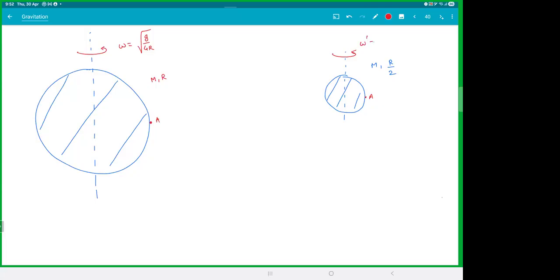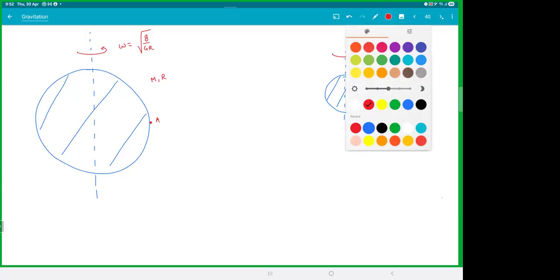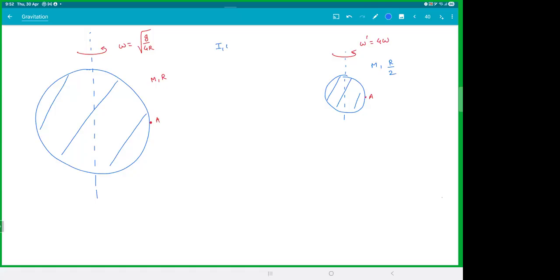Let's call this omega dash, which is 4 omega. That comes from I1 omega 1 is equal to I2 omega 2. The moment of inertia for a solid sphere is 2 by 5 m r square. So 2 by 5 m r square omega is 2 by 5 m (r by 2) whole square omega dash. So this planet actually rotates 4 times faster.